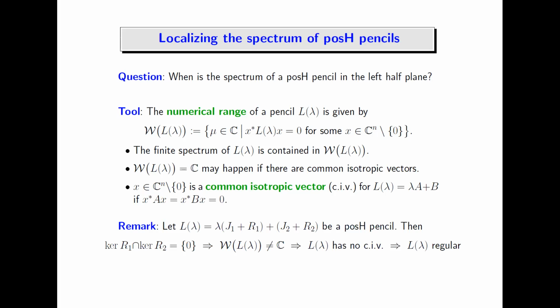And so what one can show is if the two R matrices do not have a common kernel, then actually it is guaranteed that the numerical range is not the full complex plane. And in fact, then you do not have common isotropic vectors. And in that case, of course, also L is regular. But not all of these implications can be seen in the other direction.